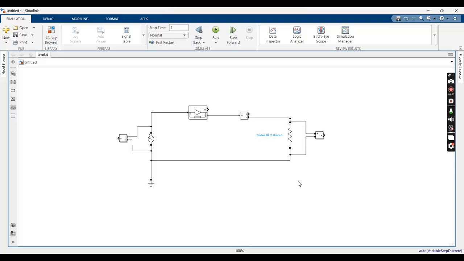In order to see the voltage plot, we need a block called a scope.